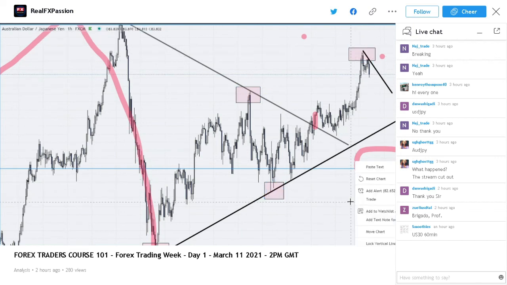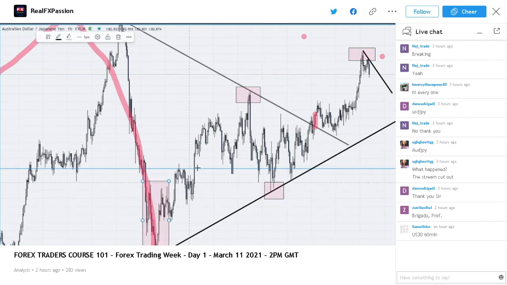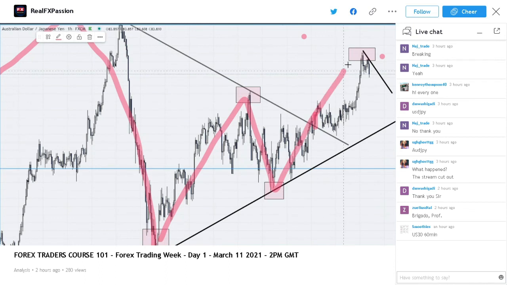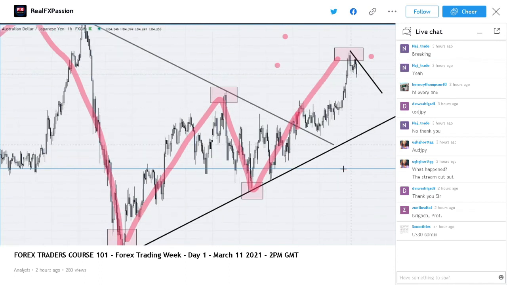So talking about patterns, short term: extension, retracement, extension. If I want to go long, just an example, on the counter trendline break and I'm trading the market wave, stop loss down in here.